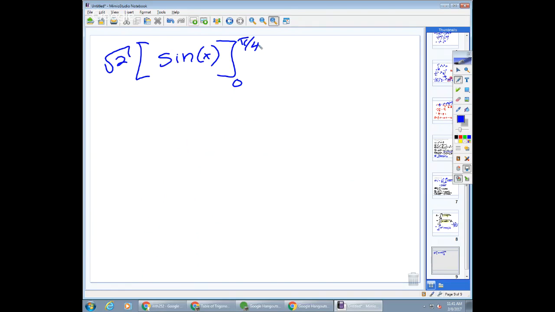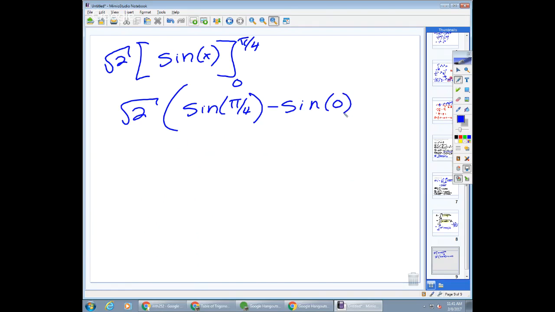And the sine of pi over 4 is what? Square root of 2 over 2? Is that right? So I'm going to get square root of 2 times sine of pi over 4 minus the sine of 0. Oops, parenthesis. Sine of 0 is 0, isn't it? Yeah, so it looks like this is just square root of 2 times the square root of 2 over 2.